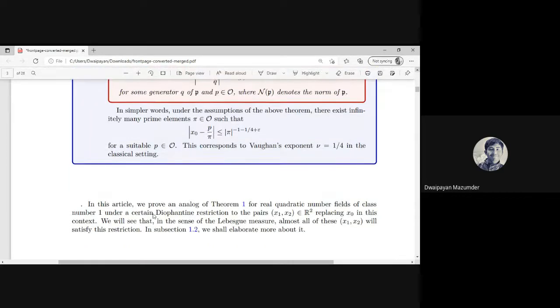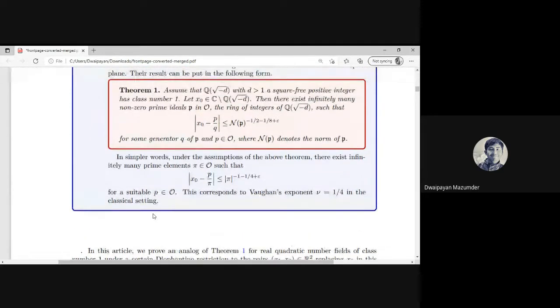That is this one. If you take Q of square root of minus d, it is a complex quadratic field, an imaginary quadratic field, and d a square-free positive integer with class number 1. Then you can take x0 a complex number, not in Q of square root of minus d, and there exist infinitely many non-zero prime ideals.